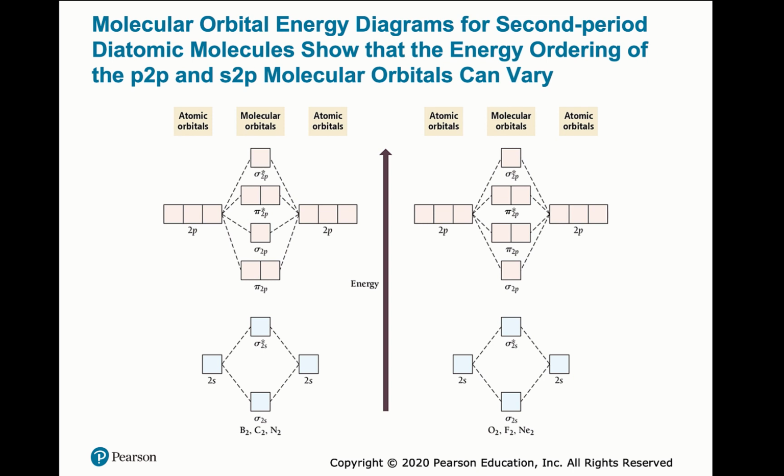So you have an interesting switch going on here. The reasons for this have to do with the electronic magnetic fields of the electrons, their interactions, and the relative strengths of the orbitals. It's very complicated, and you can learn about this in future classes.